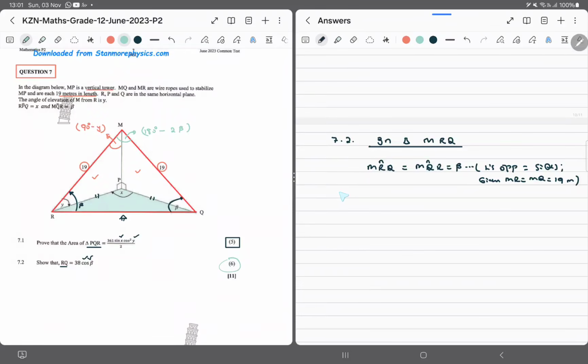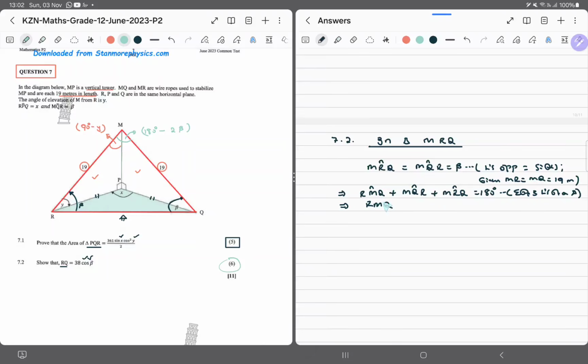We're going to say this implies that angle RMQ plus angle MQR plus angle MRQ must give us 180 degrees. This is the sum of 3 angles of a triangle. We're still talking about that. Just a moment. Okay guys, so that is the story. So we can just do it nicely.